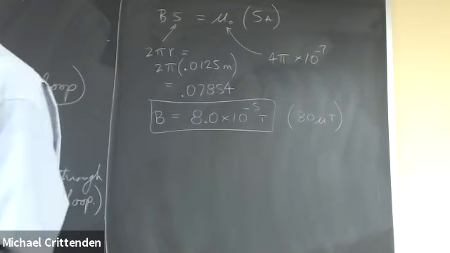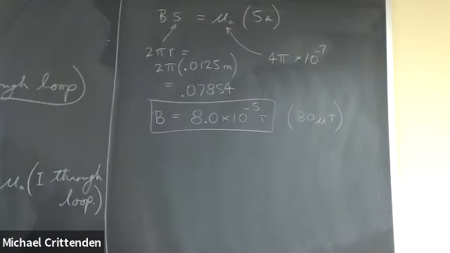Number 5 is not a problem where you start with Ampere's law, where you start with first principles and derive something for a more specific thing. Rather, number 5 is a superposition problem. It takes the formula for the field of a straight wire, which was the answer to problem number 1, and asks, what if you've got 2 straight wires?